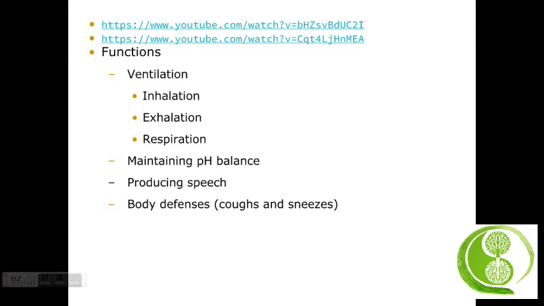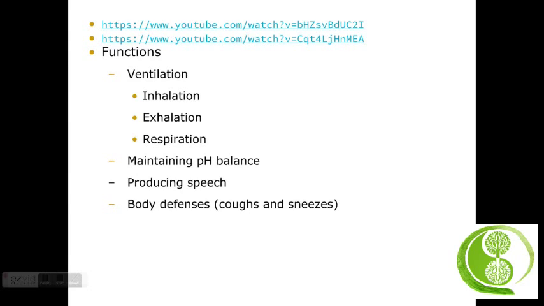And inhalation and exhalation are equally important for maintaining the proper chemical levels within the blood. The respiratory and circulatory systems cooperate together to provide a transport mechanism for the blood gas exchange.